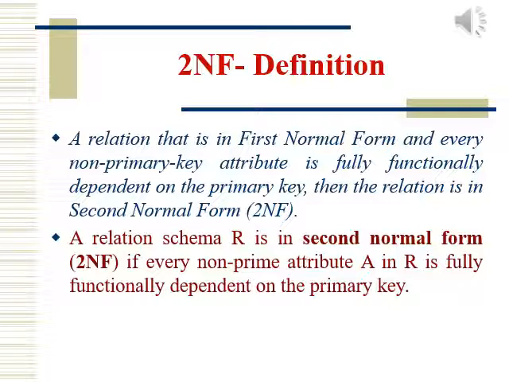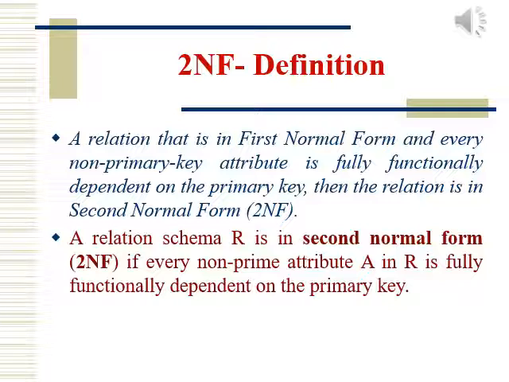So the definition of second normal form is: a relation that is in first normal form and every non-prime attribute is fully functionally dependent on the primary key is in second normal form.